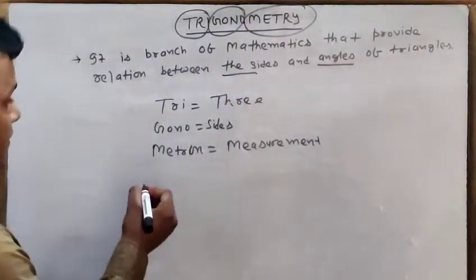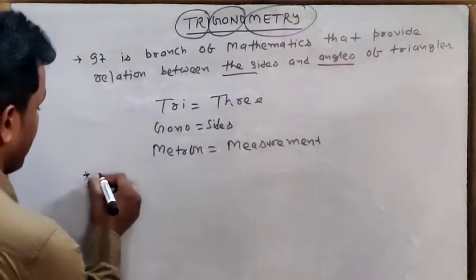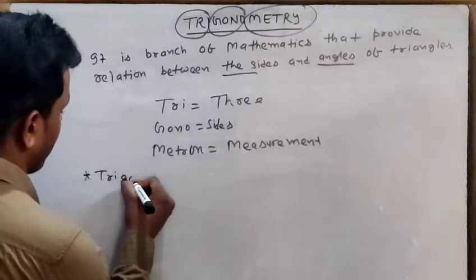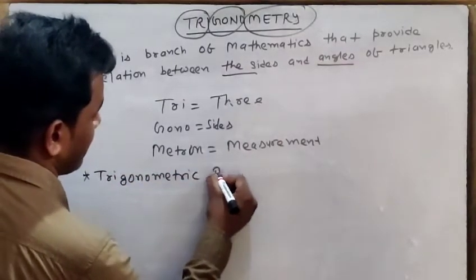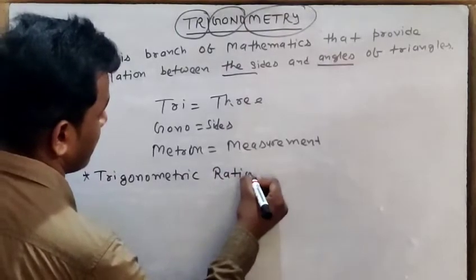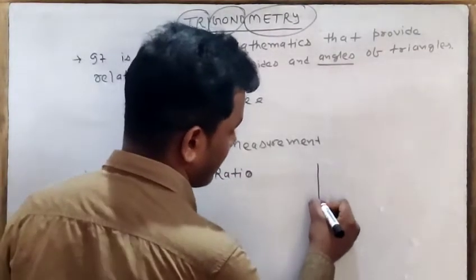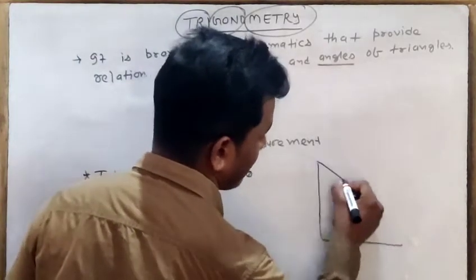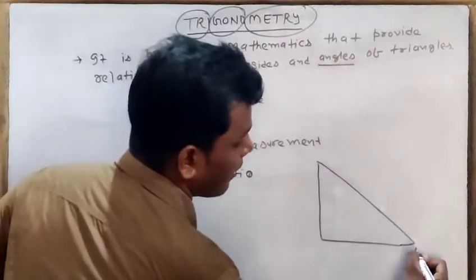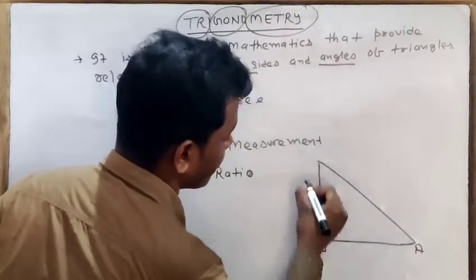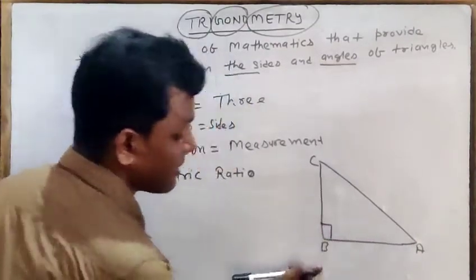The next topic is trigonometric ratios. Let's consider a triangle ABC, with angle B equal to 90 degrees. This is a right angle.